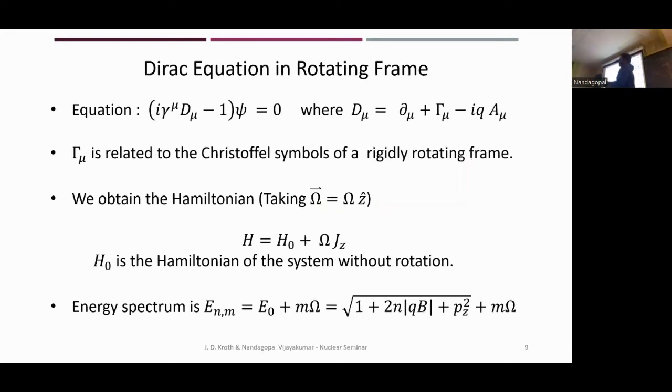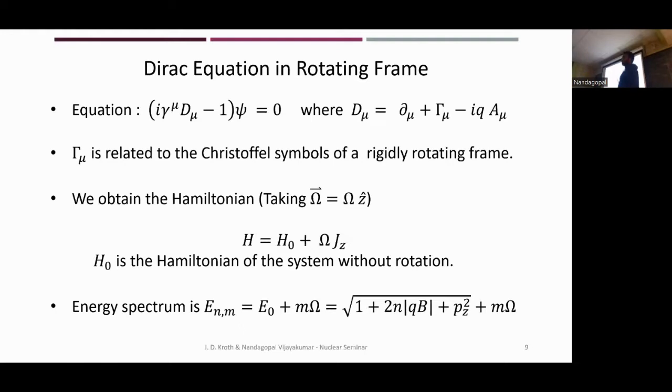Now, coming into the rotating frame, the only difference that rotation brings in the covariant derivative is that it adds this gamma mu term, which is related to the Christoffel symbols of this non-inertial frame. What this does in the end is to introduce an additional term in the previous Hamiltonian. Here H naught is the Hamiltonian without rotation.